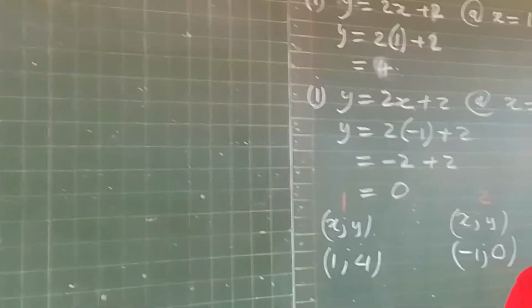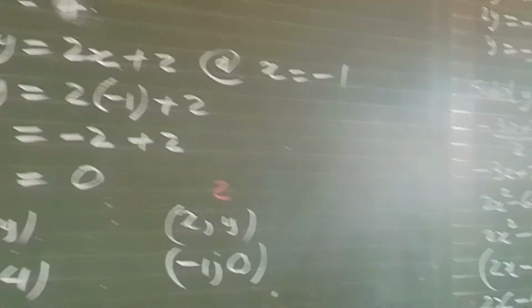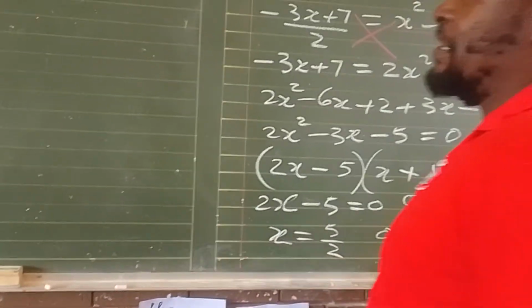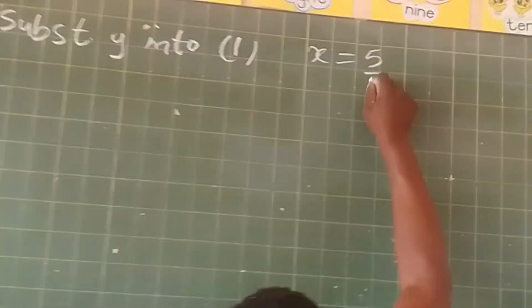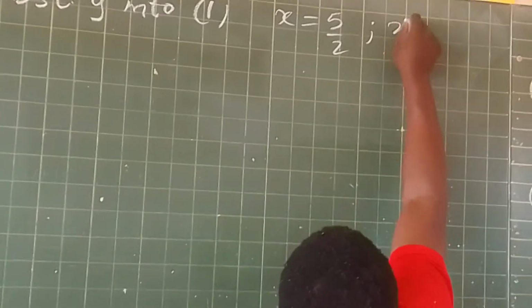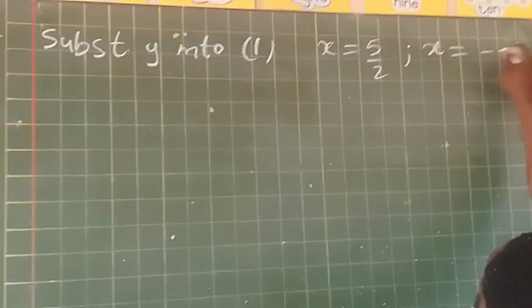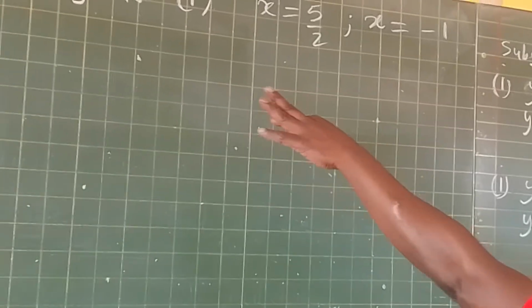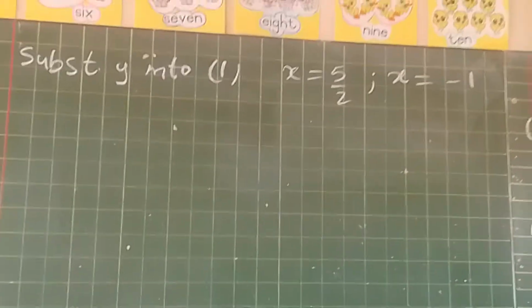You have the value of x as equal to 5 over 2 and x is minus 1. We have x is equal to 5 over 2 and x is equal to negative 1. Now we are going to substitute to find y.